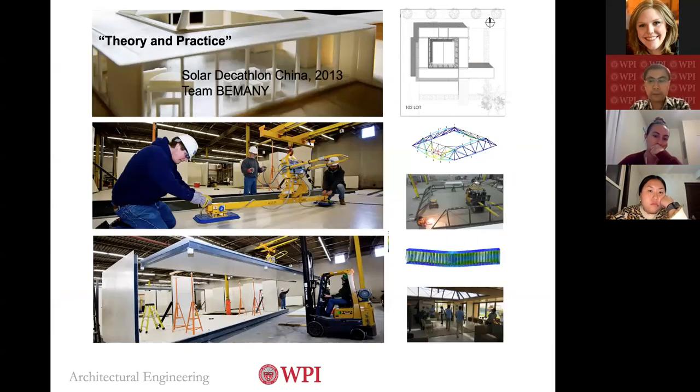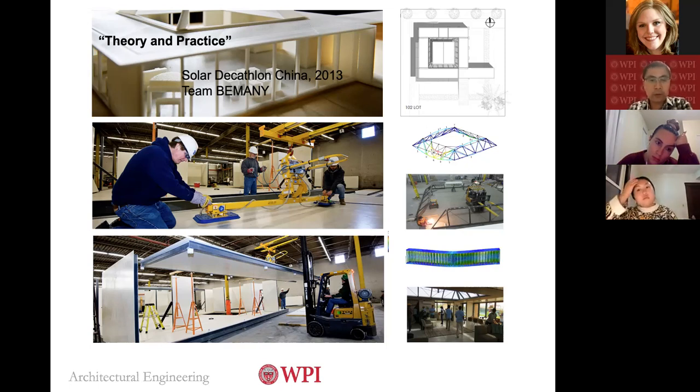So we embedded the philosophy of theory and practice in the design, and this is one MQP project. Their thesis is Solar Decathlon in China. Solar Decathlon is an initiative by the Department of Energy. They want to design a building with energy efficiency and also comfort.